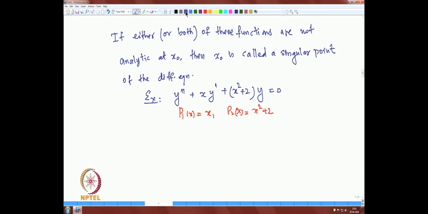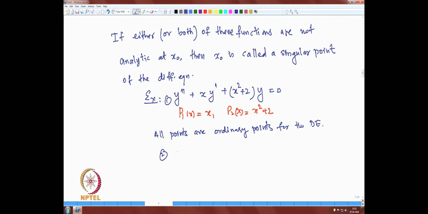So, obviously both are analytic for all points, so all points are ordinary points. For this differential equation, all points are ordinary points.